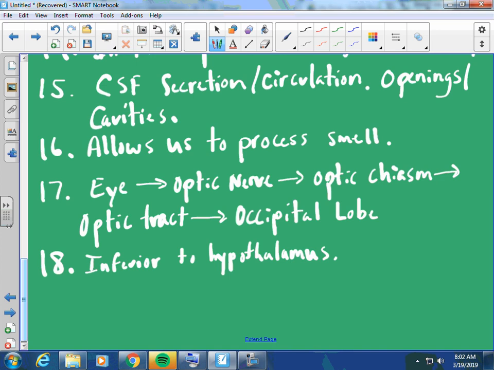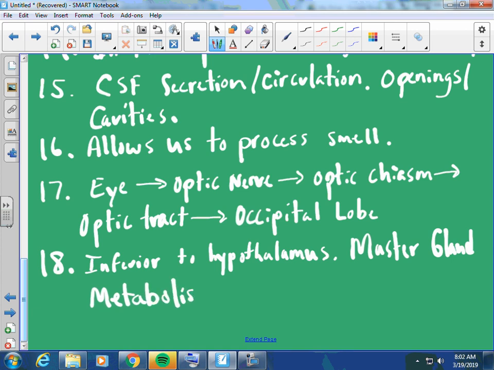And it's the master gland. Because it's the master gland, having some control over other glands and their secretions, it's involved with all those chemical reactions taking place. So a lot of times they just associate it with metabolism in general. Okay? And that answers all of those.